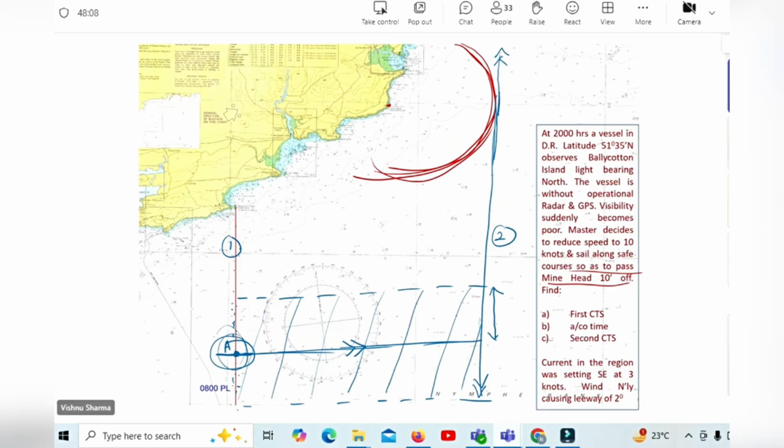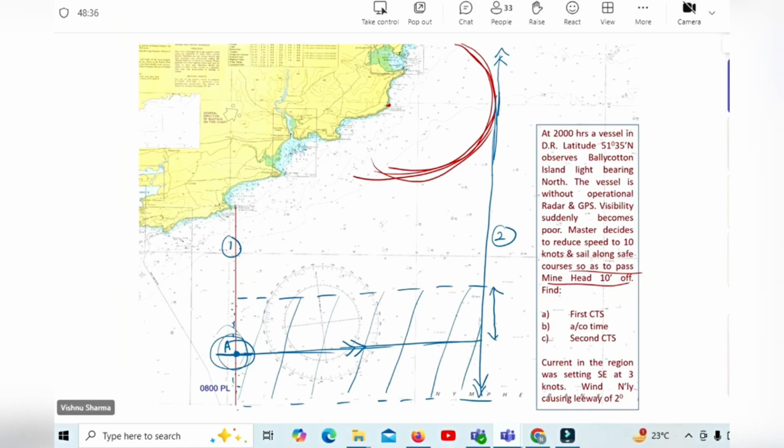So if this is a 2000 hour DR, suppose my last fix was at 1900 hours, then my DR is reasonably reliable. But if my last fix was 5 hours back, then the reliability of the DR also decreases, because more the interval that passes, more will be the possibility of error in the DR.